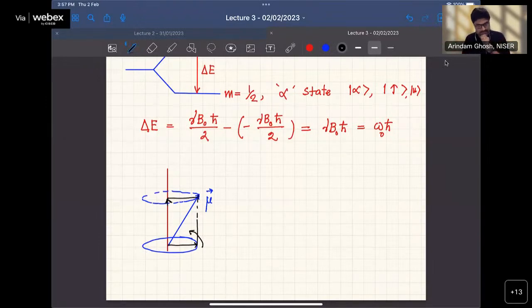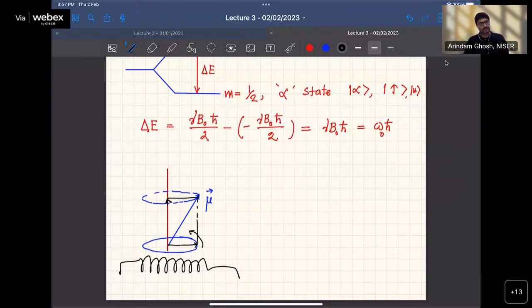So generally how it is done is that we can keep a coil. Suppose I keep a coil, and basically the sample is inside this coil, but I cannot really draw that way. So generally I keep a coil.